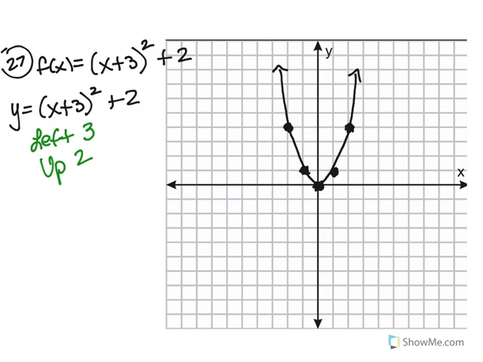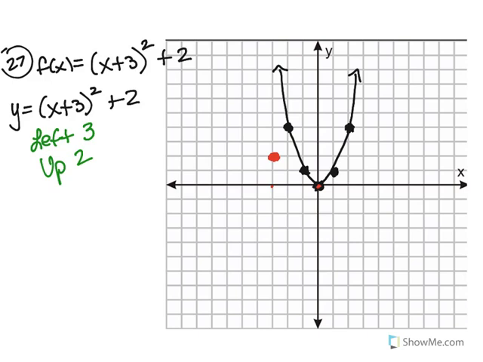So that's the original in black. So now in red, I'm going to do the translation, which from that center point, this point right here, I'm going to move it to the left 3, 1, 2, 3, and then up 2, 1, 2. So that's where it moves. This one also, I'm moving each point.